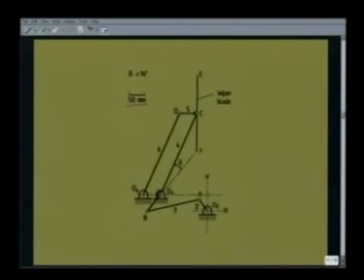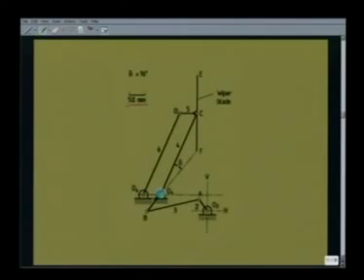Let us now see this mechanism. This has O2, A, B, O4. This part is a crank rocker mechanism. And then this link 4 is extended beyond O4 and we have another 4R mechanism, namely O4, C, D and O6.